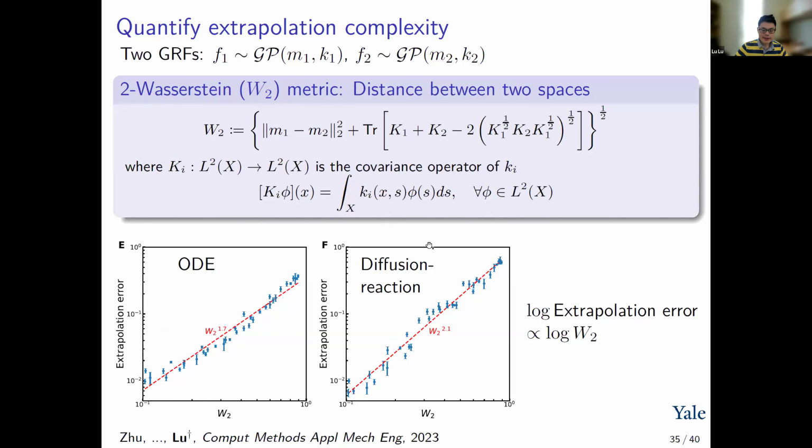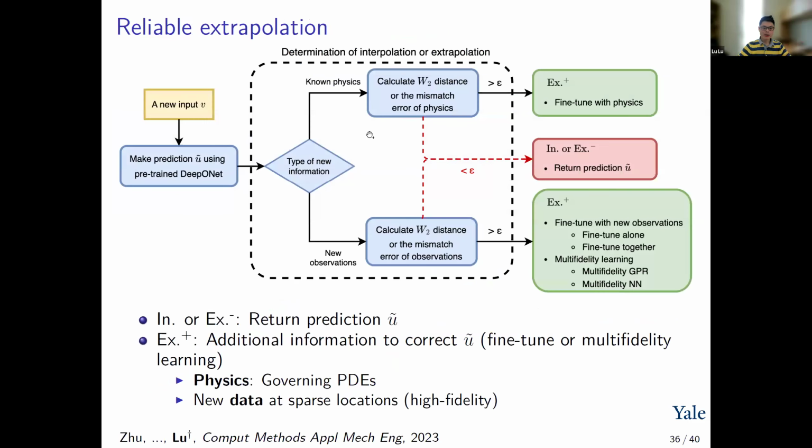By using this, we propose an entire framework for extrapolation. Let's say we have a pre-trained deep net on an existing data set. Now we have a new input, basically a new space, for prediction, let's say a function called V. We can first apply the pre-trained deep net for prediction. Let's say our prediction is U tilde.